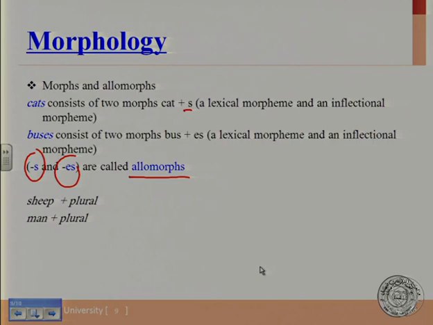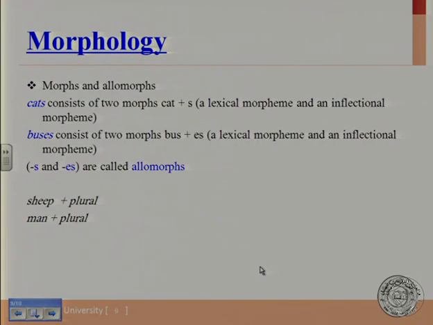A word like sheep and man. The plural form of sheep is again sheep. We do not add s or es. It is irregular. Man into men.